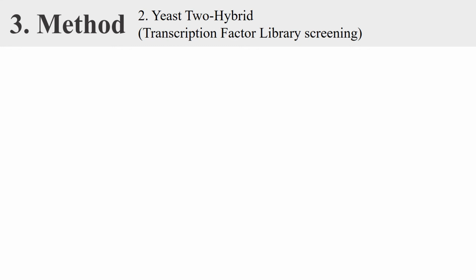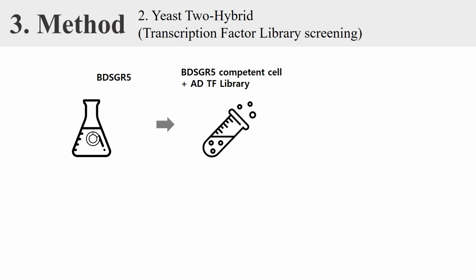To briefly introduce the overall process of Y2H against BD-SGR5, first, BD-SGR5 is inserted into yeast strain competent cells to make BD-SGR5 competent cells. Then, BD-SGR5 and AD transcription library are incubated together and selected in the media.